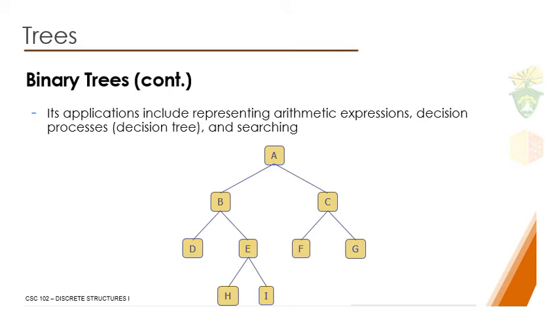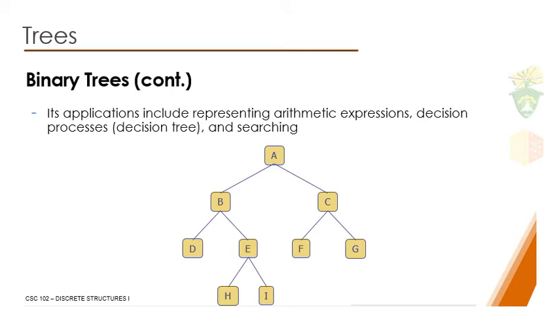Some applications of binary trees include arithmetic expressions, decision processes or decision trees, and searching. So, that's it for binary trees. It is easy. As long as it is binary, at most two children. Or for a proper binary tree, it is required that the node has exactly two children.